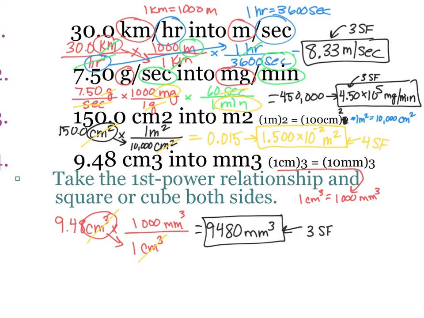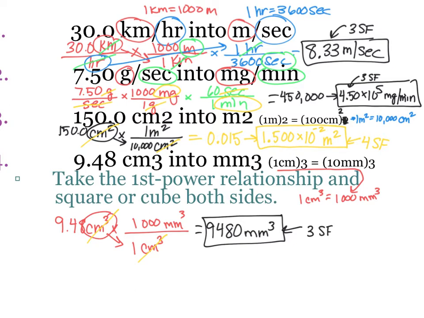So in 60 seconds, there's 1 minute. So 7.50 times 1,000 times 60, all of that divided by 1. And I come out with 450,000. I have 3 sig figs in my problem, so I need 3 sig figs in my answer. So I need to convert this into scientific notation, and it turns into 4.50 times 10 to the 5th milligrams per minute.